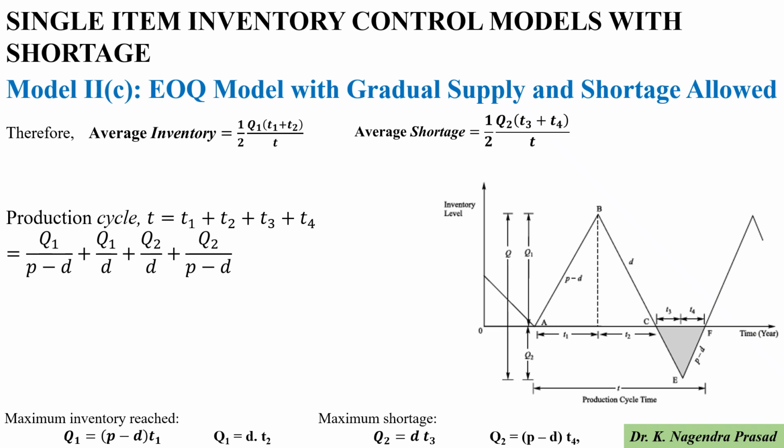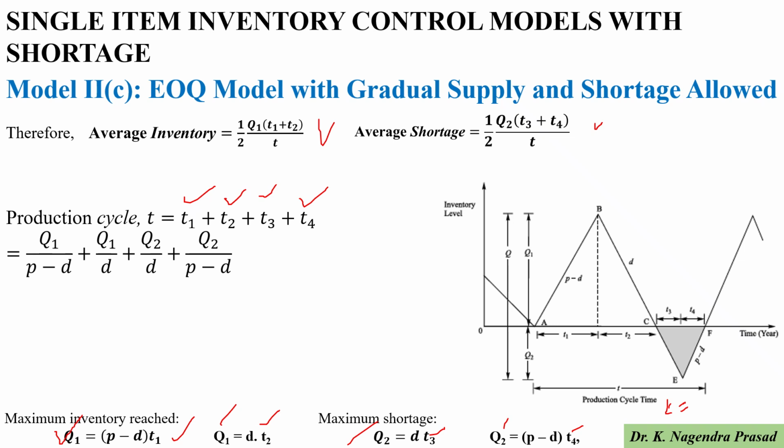So we know the average inventory and the average shortage. The production cycle time we are considering is small t, which equals T1 plus T2 plus T3 plus T4. Previously we determined the relationships between Q1 and T1, Q1 and T2, Q2 and T3, and Q2 and T4.